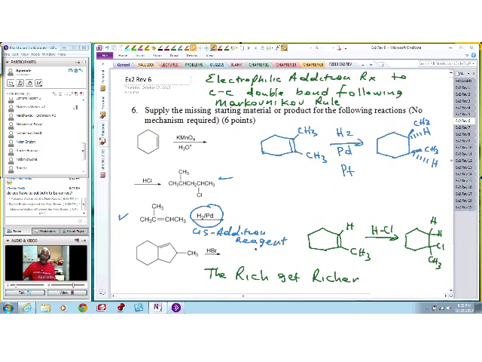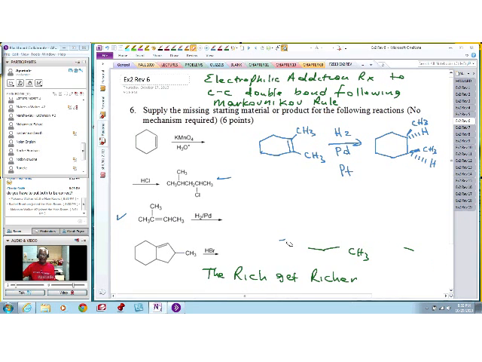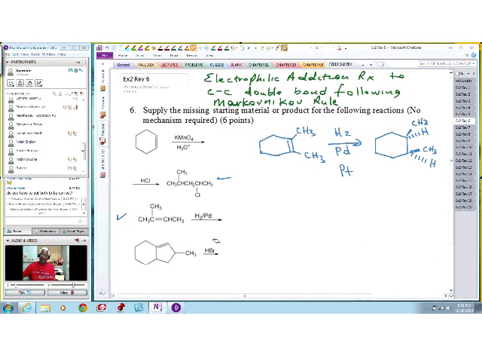So therefore, in this particular instance here, what does it do? This here will give us hydrogen here and hydrogen here, okay?